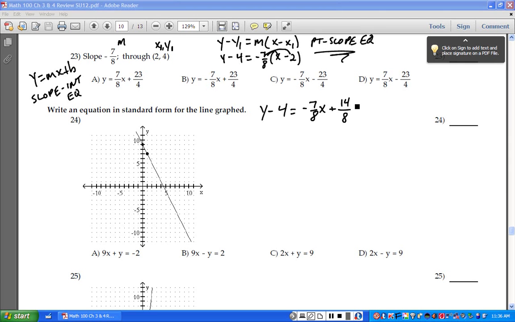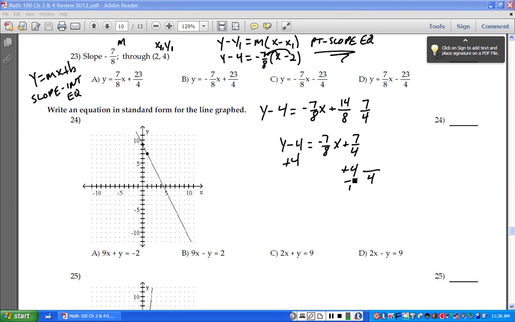And the 14 over 8 reduces, 2 goes into 14, 2 goes into 8. So now I really have y minus 4 equals negative 7 over 8x plus 7 over 4. I need to add 4 to both sides. Trying to add 4 to a fraction, I need my 4 to have a 4 in the denominator.